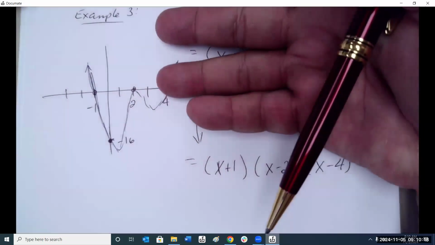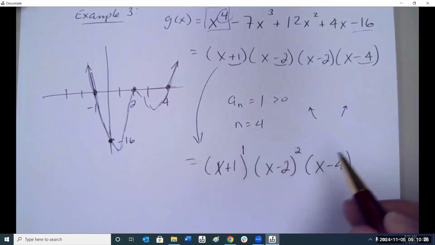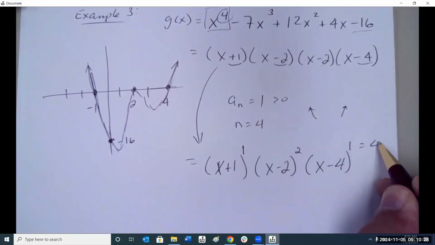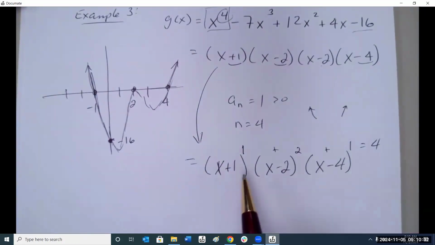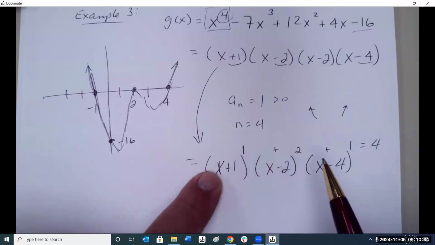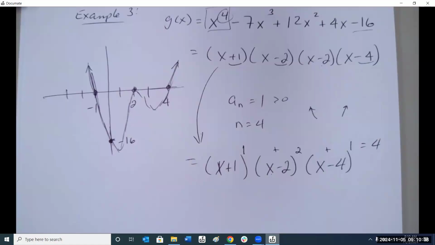If I just gave you that, can you tell me the degree of the equation? If you add those, because what this tells us is there's one x, there's two more x's, and another x. The degree is 4.